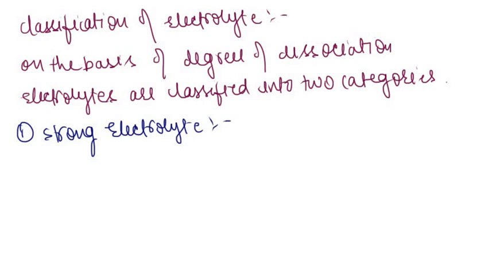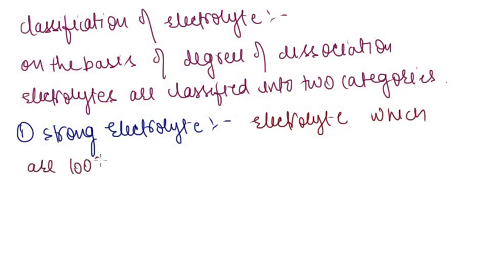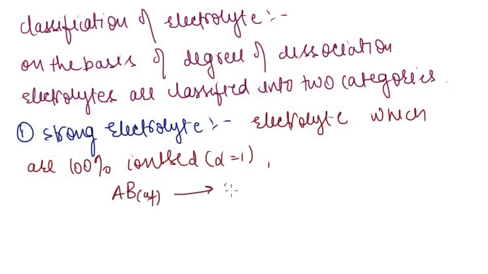So what is a strong electrolyte? An electrolyte which is 100% ionized, that is alpha equals 1. Or we can say 100% ionized, alpha is 1, that is known as a strong electrolyte. Like some acid AB, aqueous, is dissociated into A plus aqueous and B minus aqueous.